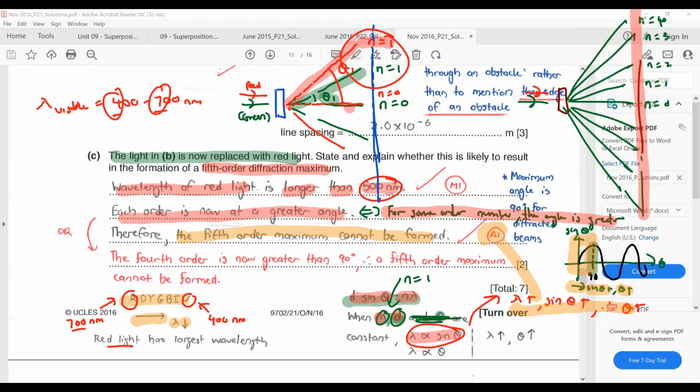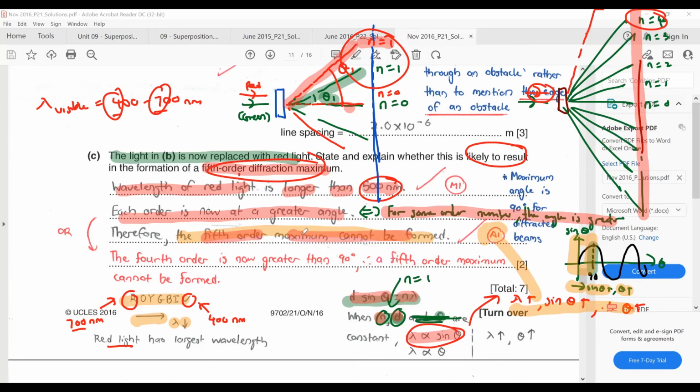So if you're talking about the red light, n equals 4 itself will actually be much further compared to the green one. So the question now is asking you, is it likely going to give you a fifth order? Your fourth order itself is really going to be out of the range of the screen already. So what more to say, fifth order is not likely. Therefore, your fifth order maximum cannot be formed.